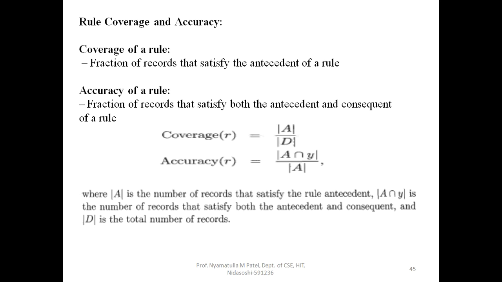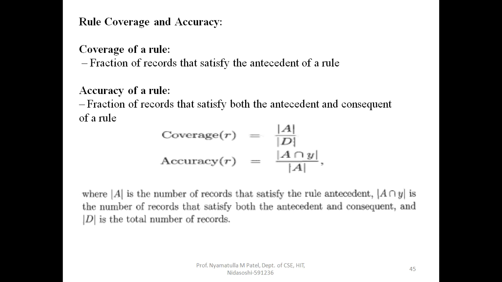Okay, coming to rule coverage and accuracy. What is the coverage of a rule? It is the fraction of records that satisfy the antecedent of a rule. Accuracy of a rule is the fraction of records that satisfy both the antecedent and consequent of a rule.